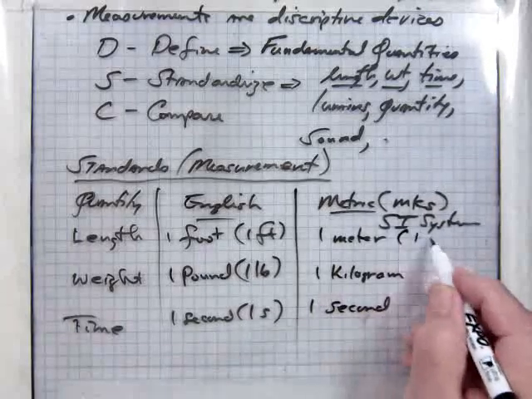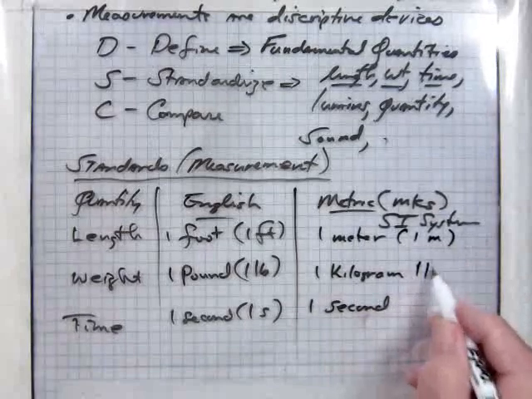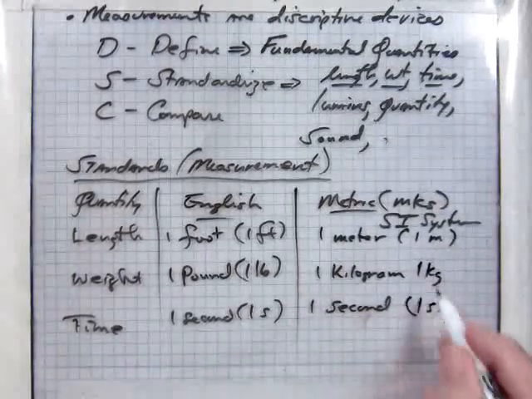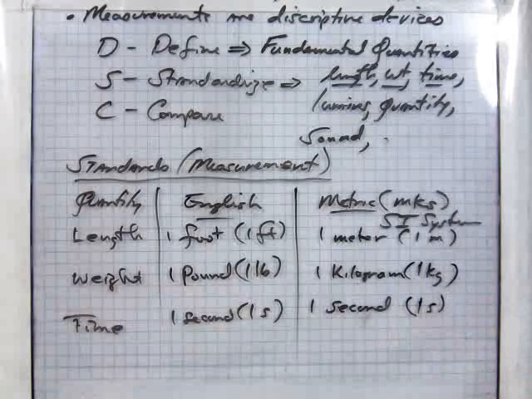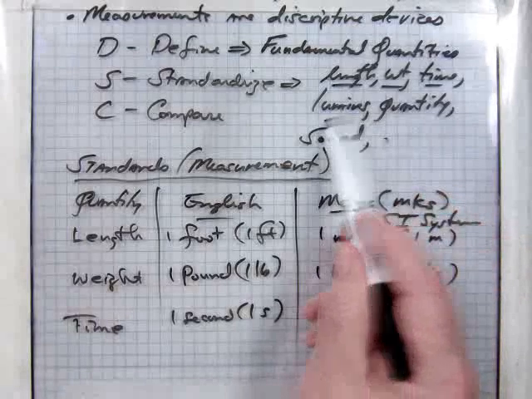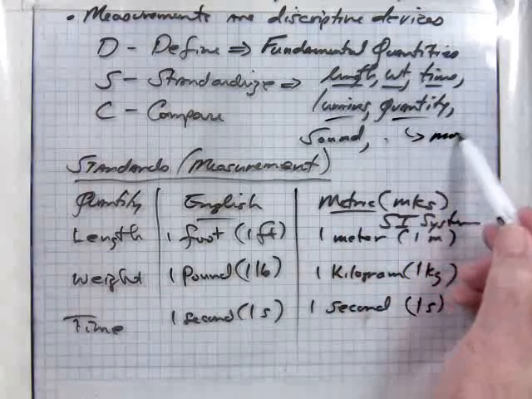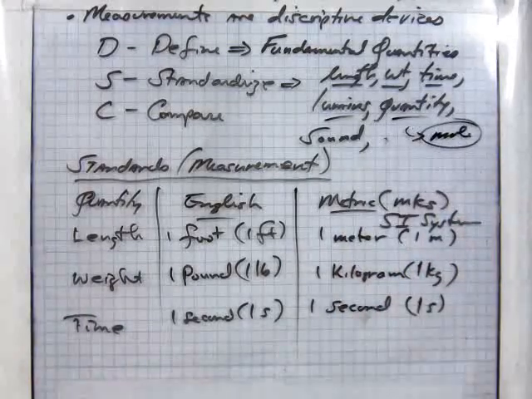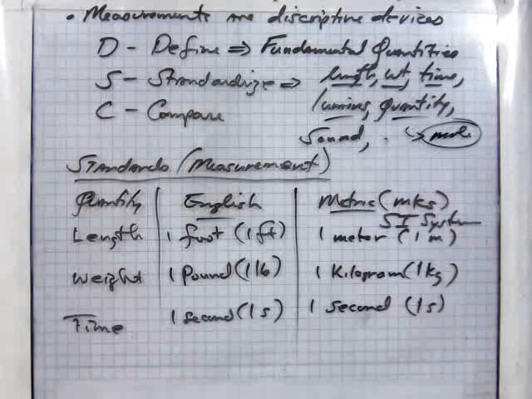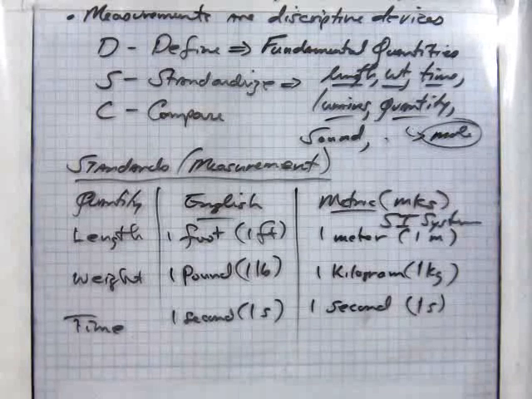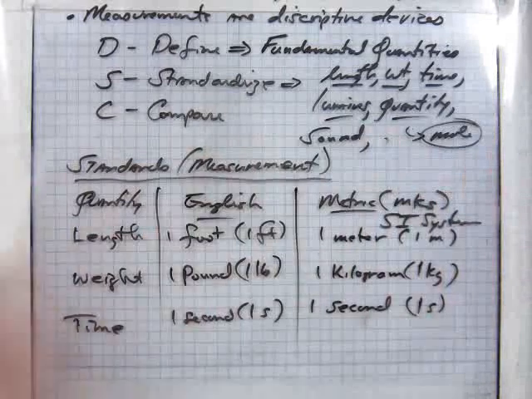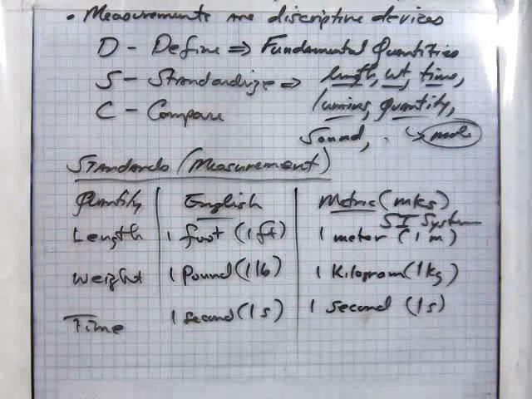So it's 1 meter, 1 kilogram, and 1 second. So we have those we already know about. Okay? Now you have standards for lumens and quantities. That's the quantity of the mole concept. We'll get into that in the next chapter, or well, chapter after. Anyway, and sound, what is it called, decibels and stuff like that.